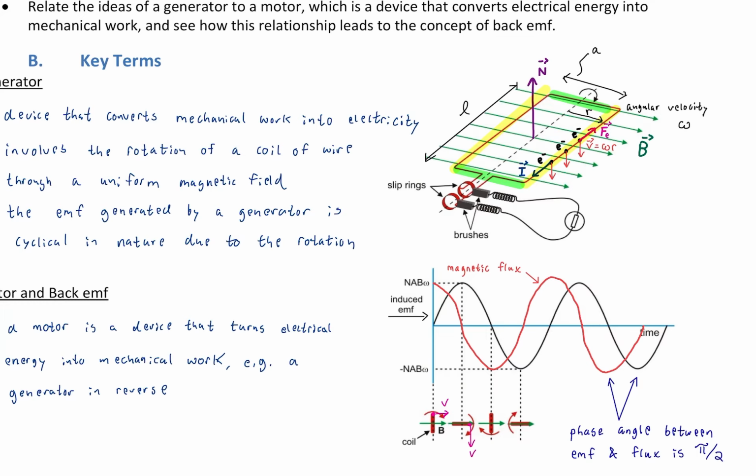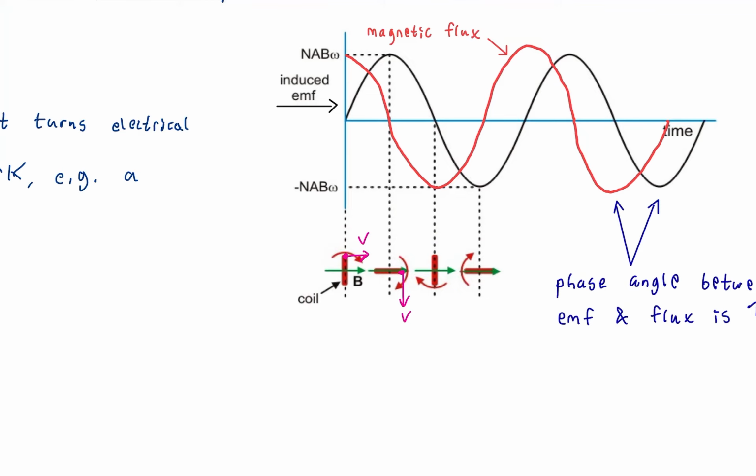And indeed, we can consider a motor and the result of the motor with this graph here. And this calls to attention that out of phase nature of the flux and the actual induced EMF. So consider these diagrams down below. This is an example of a current carrying loop that is being turned through a magnetic field.